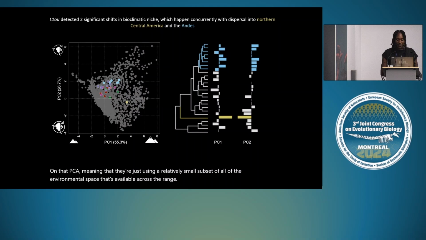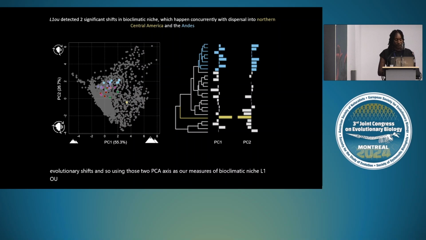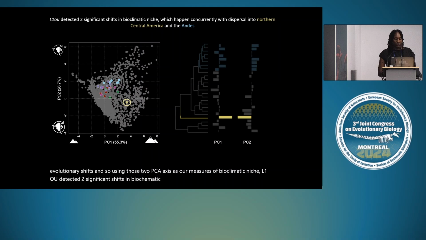I also performed an L1OU analysis, which uses Ornstein-Uhlenbeck models to detect evolutionary shifts. Using those 2 PCA axes as our measures of bioclimatic niche, L1OU detected 2 significant shifts in bioclimatic niche. The first was the shift in Balmaea stormii, in yellow, as it was dispersing into northern Central America from southern Central America, and also into drier, higher elevation environments that are more seasonal.